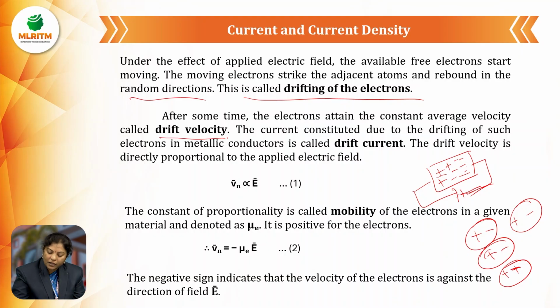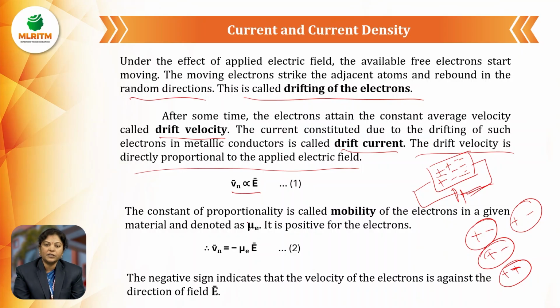So the current constituted due to the drifting of such electrons in a metallic conductor is called a drift current. So this drift velocity is directly proportional to the applied electric field, that is, Vn is proportional to E.